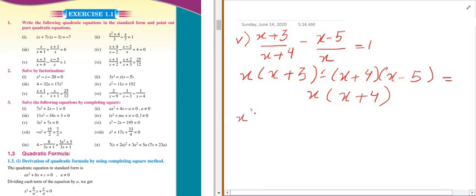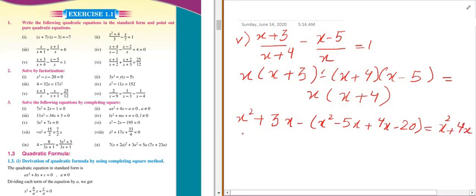We get x square plus 3x minus x square minus 5x plus 4x minus 20 equals to x square plus 4x. This becomes x square plus 3x minus x square minus 5x plus 4x plus 20 minus x square minus 4x equals to 0.